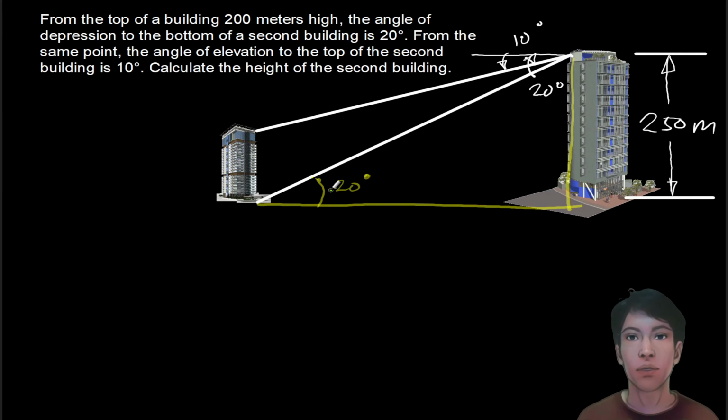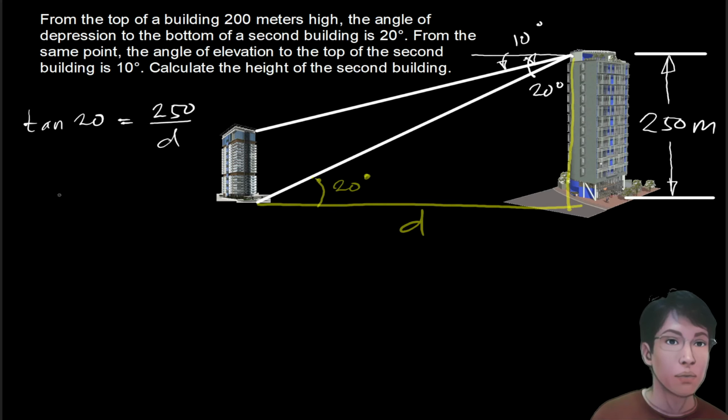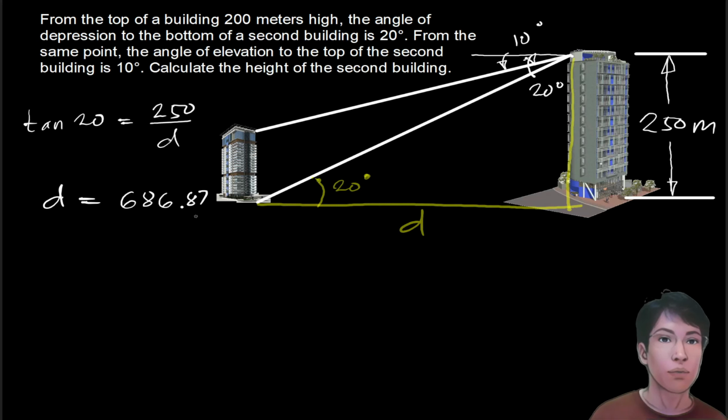Knowing this, we can solve for this distance, which we designate as D. Tangent 20 is opposite over adjacent, so 250 over D. So D is 686.87 meters.